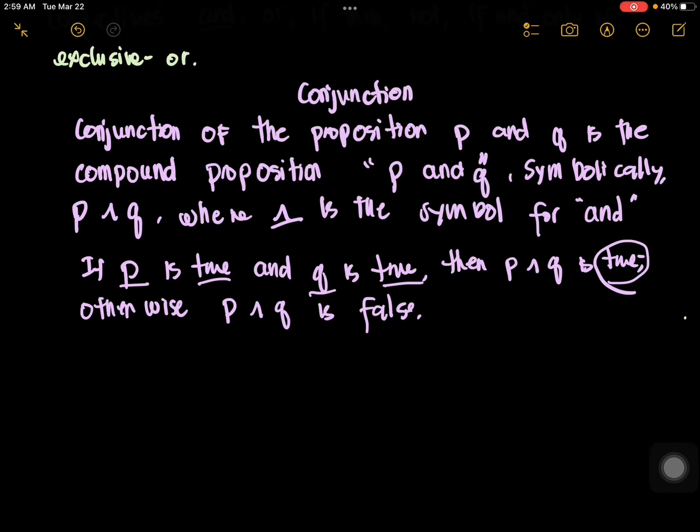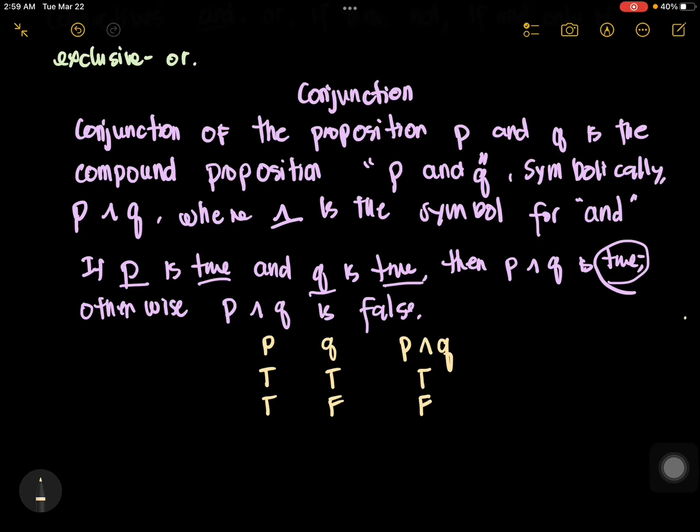So you have here P and then your Q, and then P and Q. When your P is true and your Q is true, P and Q is true. And P is true and your Q is false, so obviously this is false, because we need both P and Q to be true to have a truth value of true.